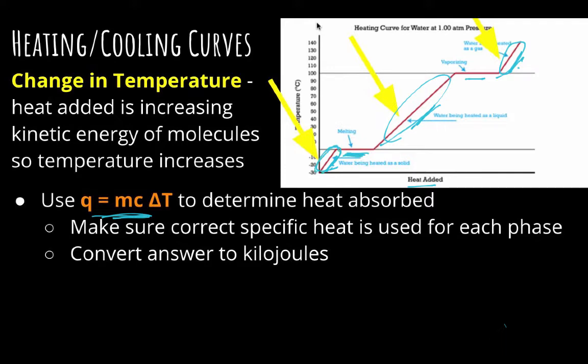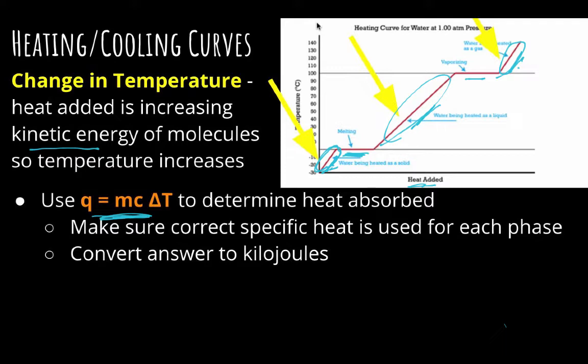But when you have these slanted lines, heat is added, the heat goes in, it increases the kinetic energy of the molecules, and that's what causes the temperature to increase. So when you're solving for the amount of energy associated with those different temperature changes, we're going to use that Q equals MC delta T that we used before. And we'll go over the specifics of the calculations in just a second. So anytime you have a slanted line, you're using Q equals MC delta T.